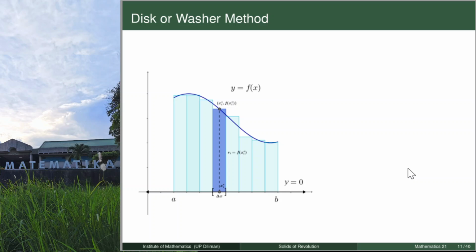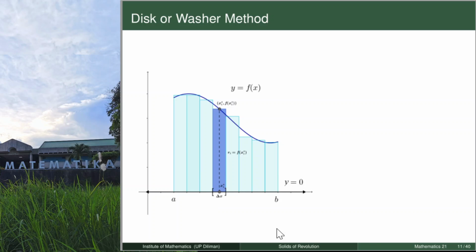Long story short, what we want to do is the following. First, given this plane region here, bounded by these curves, we want to divide the region into n rectangles. And then remember that this plane region will be revolved about the axis to form the solid, which means that each rectangle here will also be revolved about the axis, and that will form a solid.